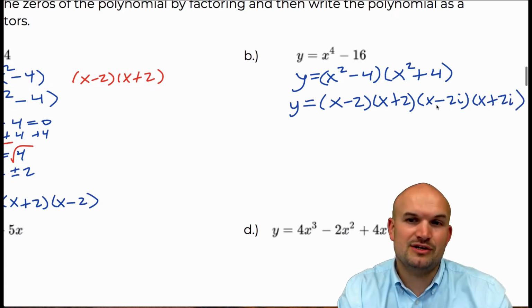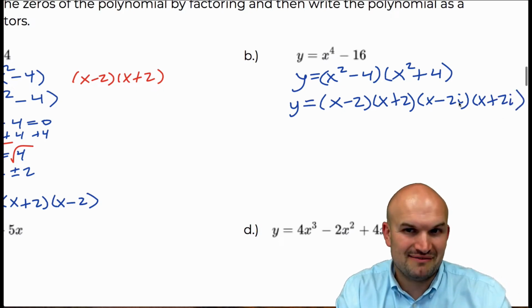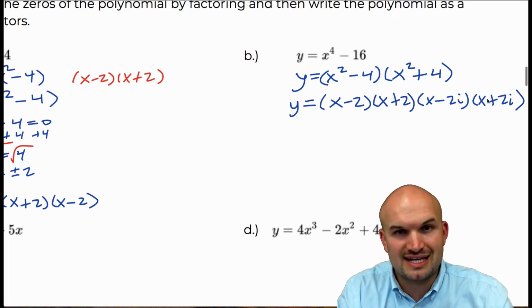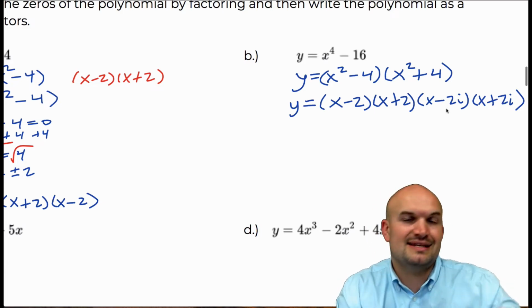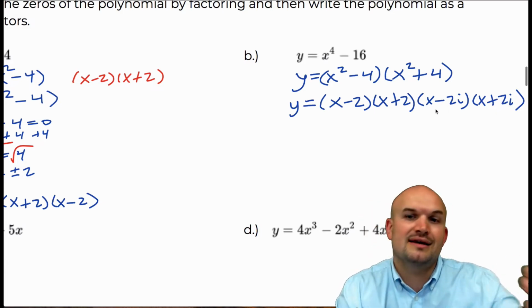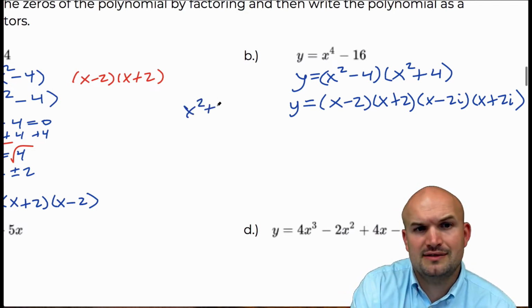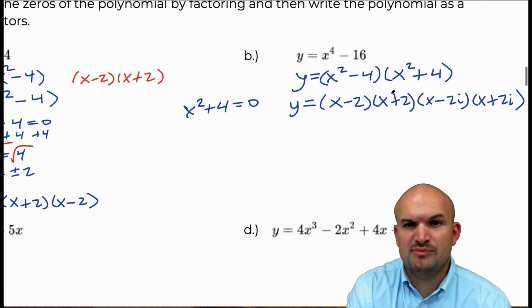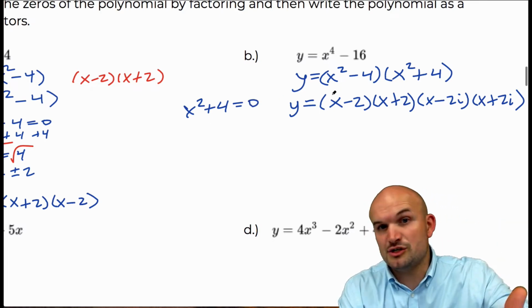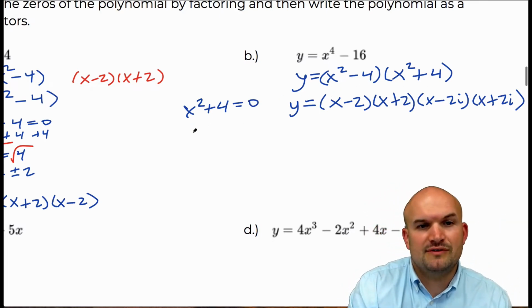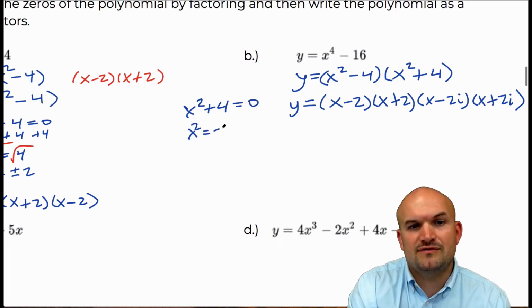And again, I just want you to understand you have these complex numbers. You see how the conjugate exists. If i exists, negative i exists. Or if 2i exists, negative 2i exists. Now, if you are wondering how I got that, I'll just solve it right here. Let's just set it equal to 0, use the zero product property. So you'd have x squared equals negative 4.